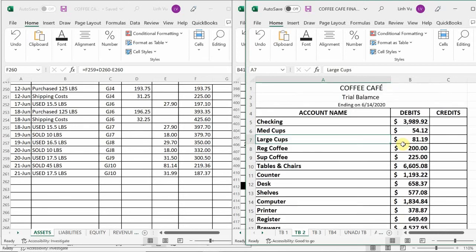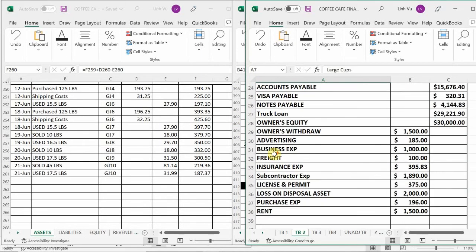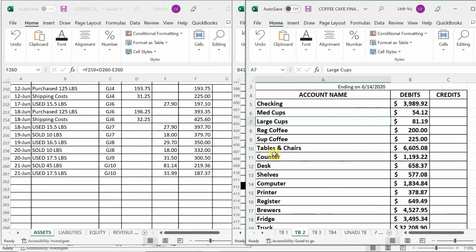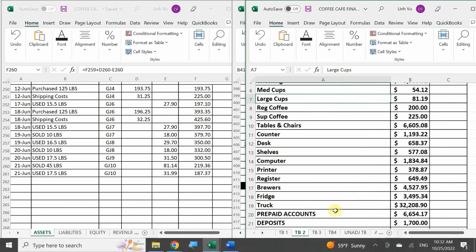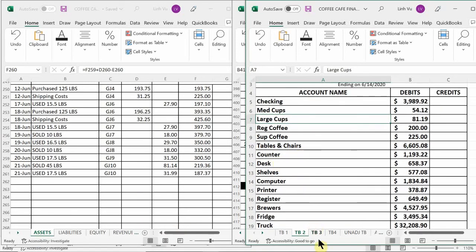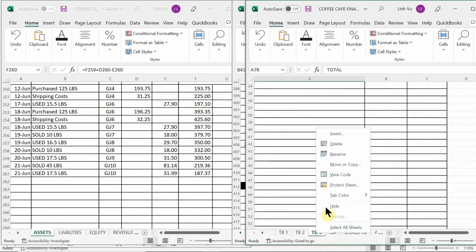So I'm going to save myself some time. Instead of retyping every single account that's in here, I'm going to copy this worksheet and just add. This will save me some extra time instead of punching in those same accounts with those same numbers again. So I'm going to go to trial balance 3. I'm going to right click this and delete it.